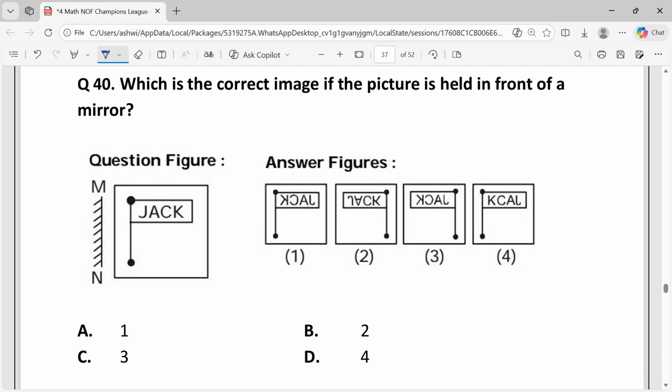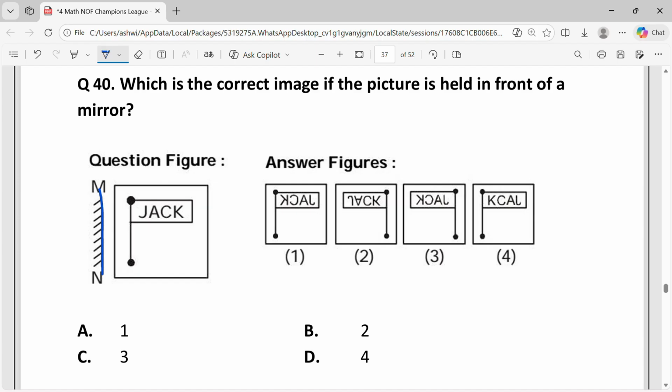Question 40. Which is the correct image if the picture is held in front of the mirror? Given that MN is the mirror, the image will be laterally inverted, but the top will be on top and the bottom will be on bottom.